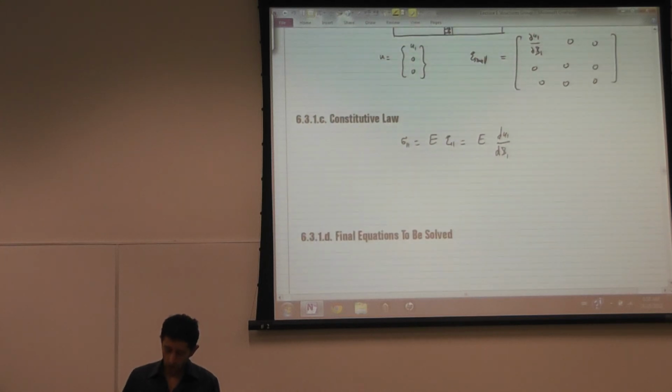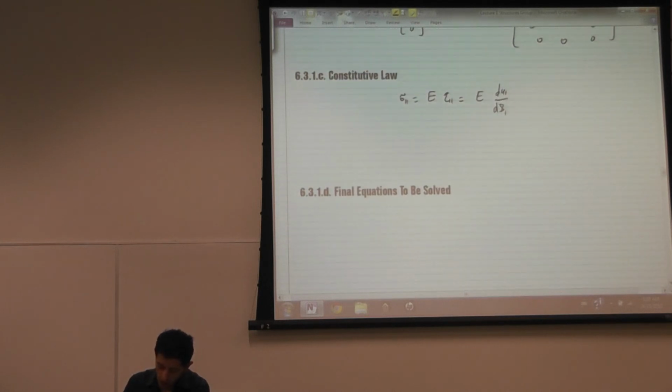And so the final equation is dN by dx1 is equal to negative P, and N is equal to sigma 11 multiplied by the area, which is equal to EA du1 by dx1.